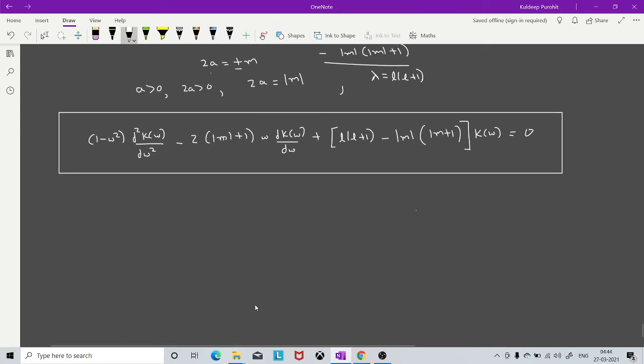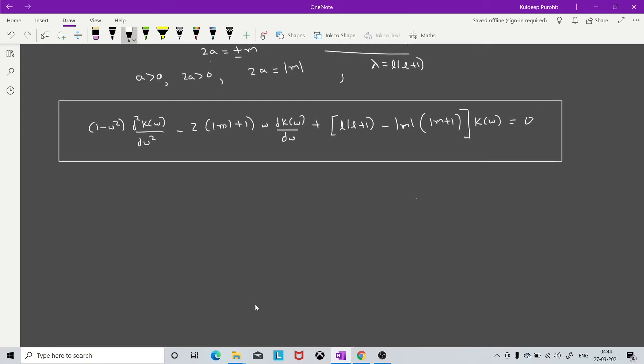So now you see this equation, and in this equation, if I take mod m equal to 0, then what will happen?